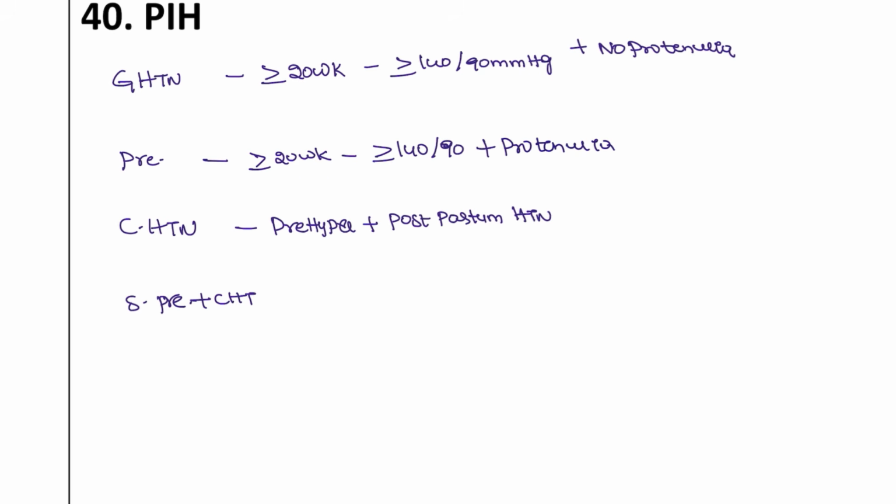That is pre-eclampsia. And coming to the superimposed type, the patient is already hypertensive plus has proteinuria, so these are pre-eclampsia features superimposed on chronic hypertension.